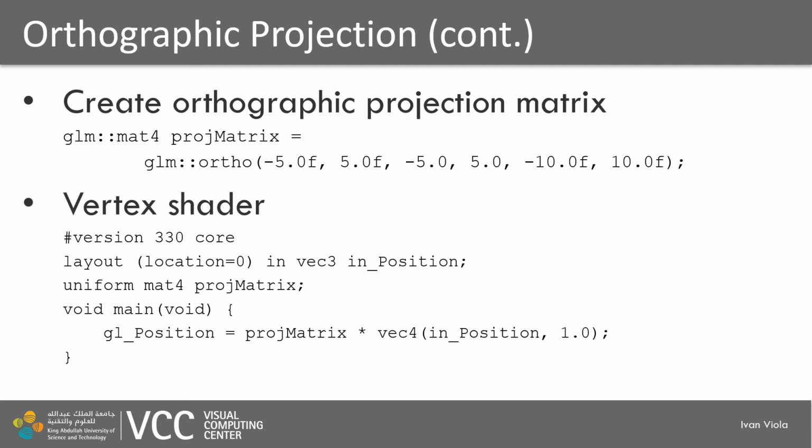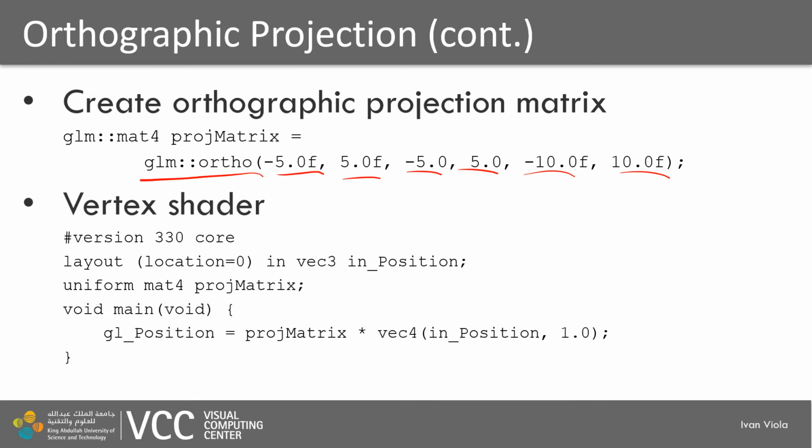So we can define our orthographic projection, for example, with this function, and this function will create a matrix, which will be a 4 by 4 matrix, and this will be our projection matrix, where we can see that our top and bottom, left and right, and near and far information is stored here in this orthographic projection, and the outcome will be our projection matrix.